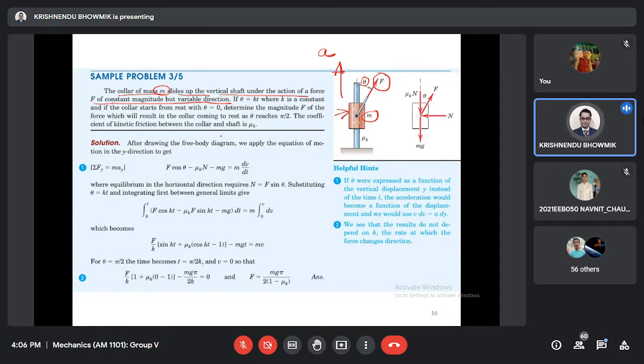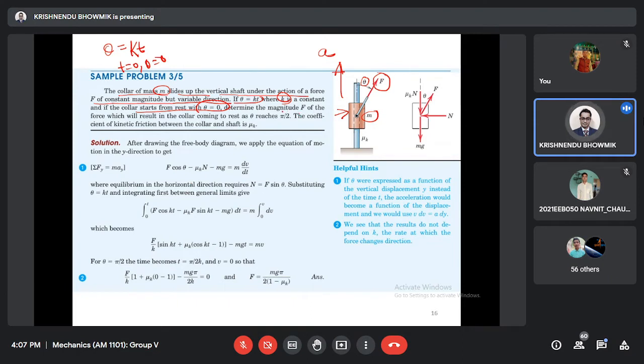Constant magnitude but variable direction means theta is changing, maybe with the relationship theta equal to kt, where k is some constant, and the collar starts from rest with theta equal to 0, at t equal to 0, theta equal to 0.